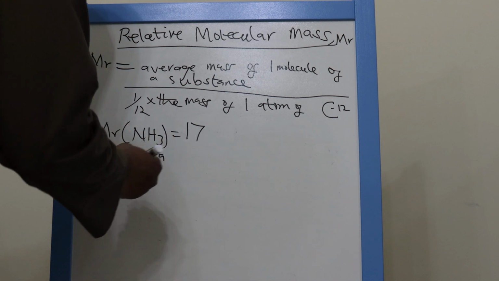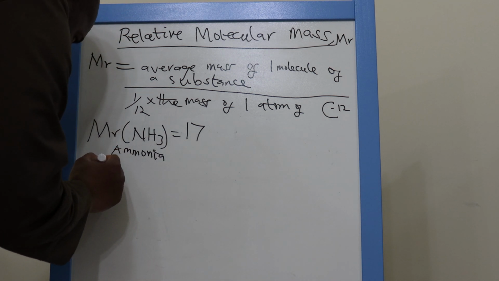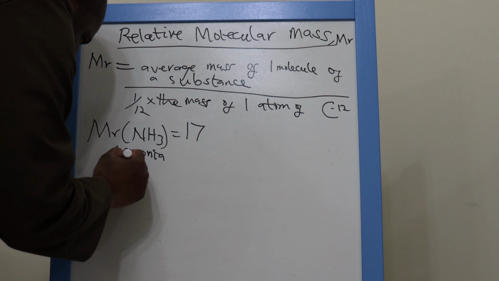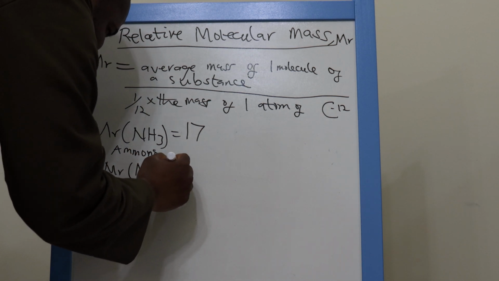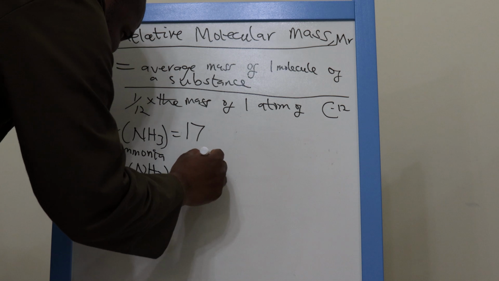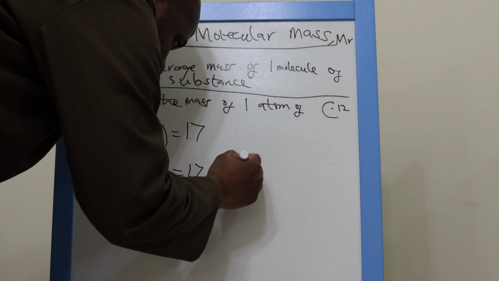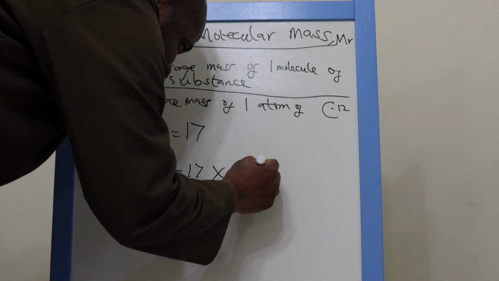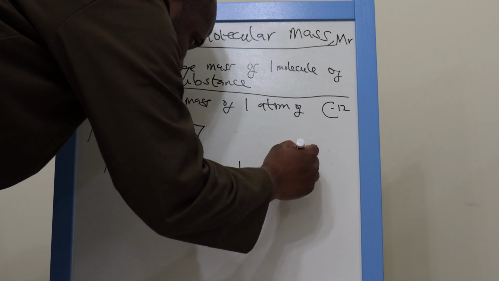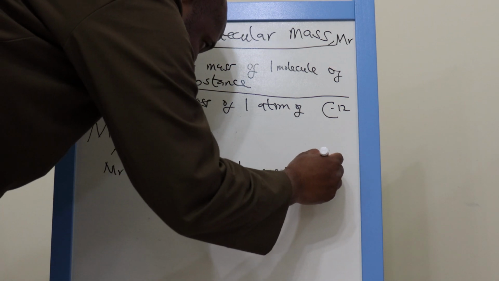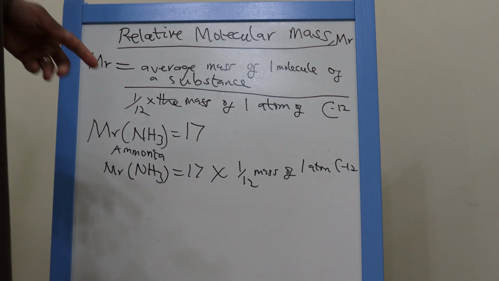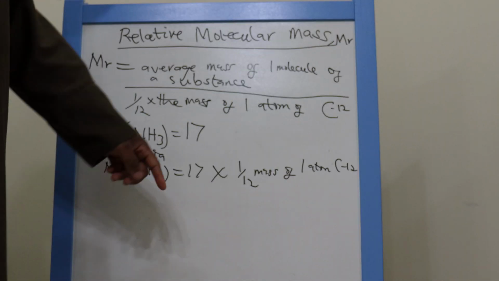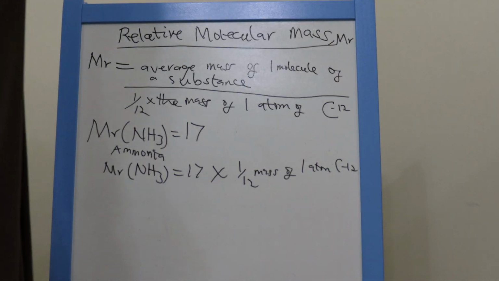So a scenario is just like this. The relative molecular mass of ammonia equals 17 times 1/12 the mass of one atom of carbon 12. You can see it's 17 over 1.